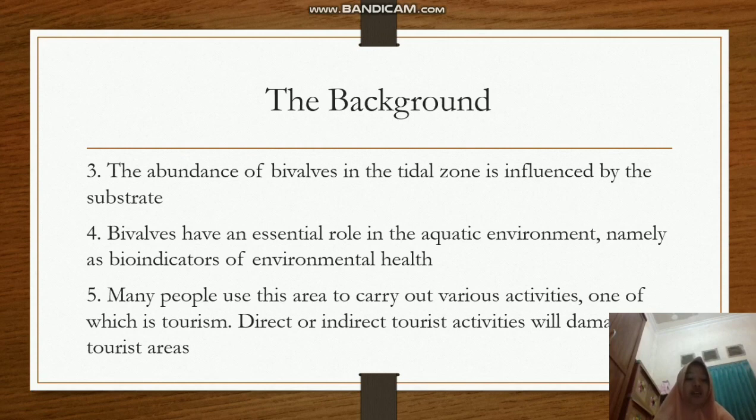Their interaction is affected by human activities. Many people take advantage of the region to carry out various activities, one of which is tourism. Direct or indirect tourism activities damage the tourist area, for example, trampling on the substrate, causing damage to the site.